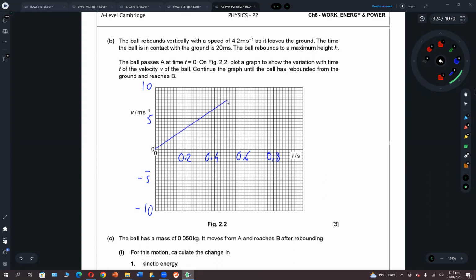This will be, if I take it 6 like this, 6, 7 and 8, so it will be coming here approximately. I'm taking a number between 0.4 and 0.6, so it will come approximately here.